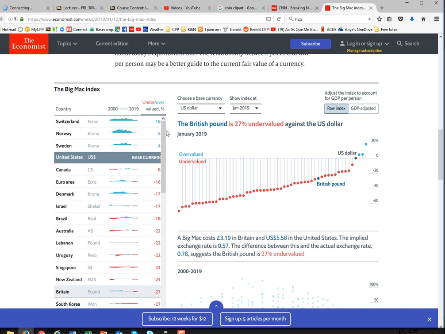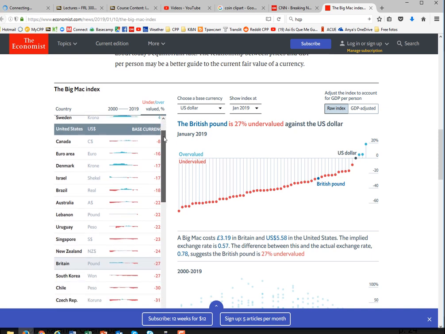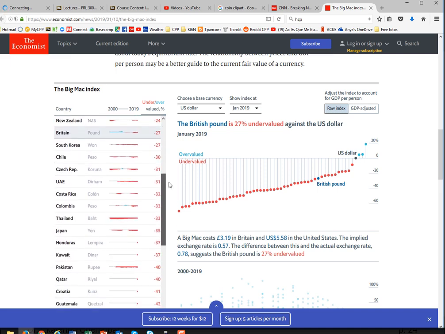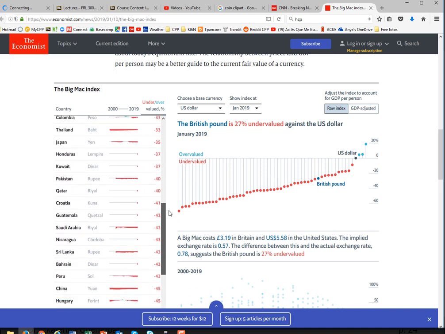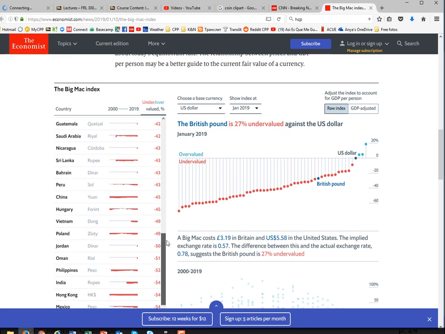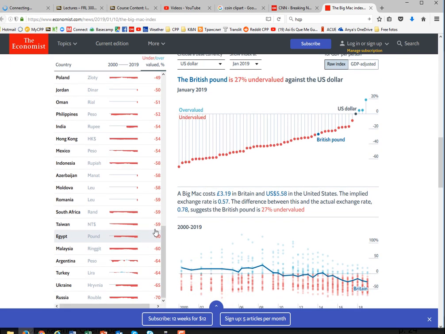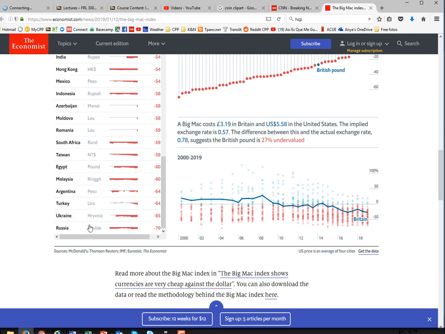So what's the best country to go to if you love Big Macs? Well, you'd want to fly to the country where it's undervalued the most. So if you scroll down, you want to find the country with the highest negative percentage. What is that country? That country is Russia. Russia is the winner, minus 70%.